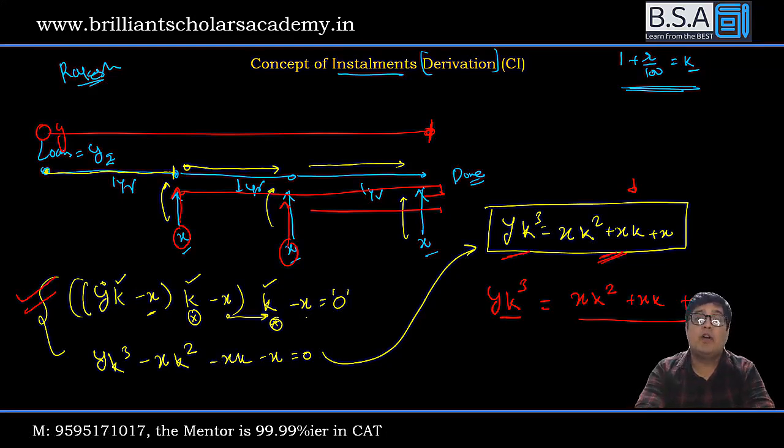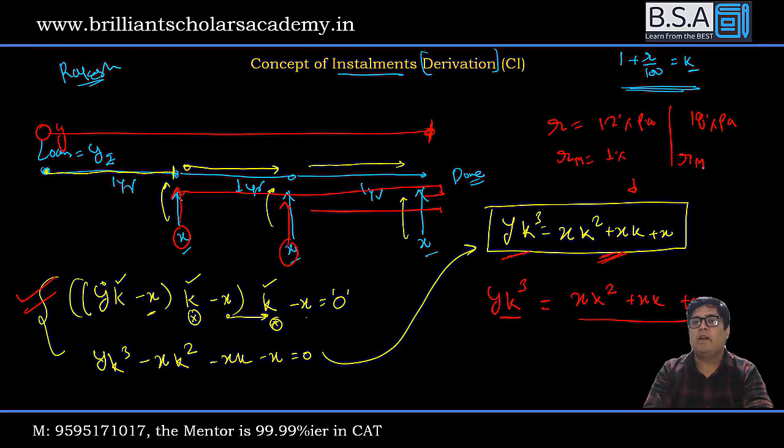If you want to convert this into monthly installment, let us say the rate of interest is 12% per annum. So you can say rate per month will be 1%, and accordingly you adjust. If rate of interest, let us say, is 18% per annum, the rate per month will be 3/2%.